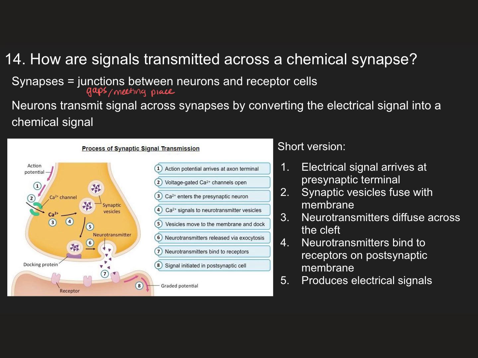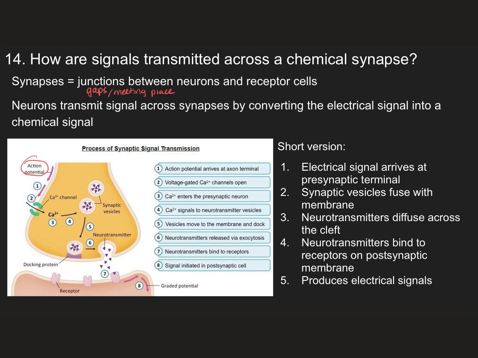This picture has a 1 through 8, and it goes into pretty big detail. We've got an action potential, which is an electrical signal. Number 1, the action potential arrives at the axon terminal.